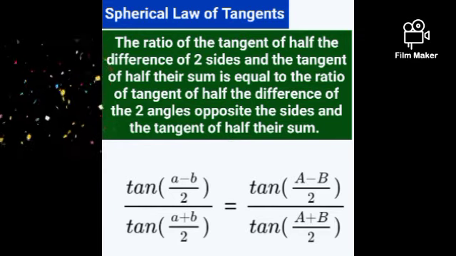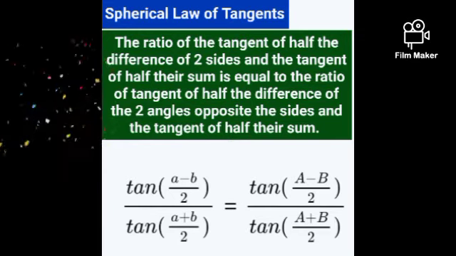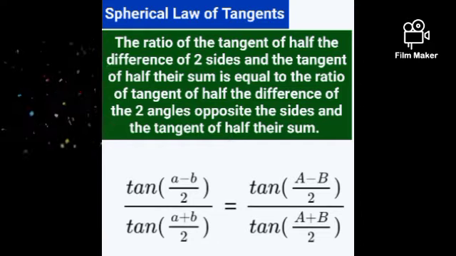And so in the denominator of the ratio at the left-hand side of the equation, we have tangent of quantity (a plus b) all over 2.